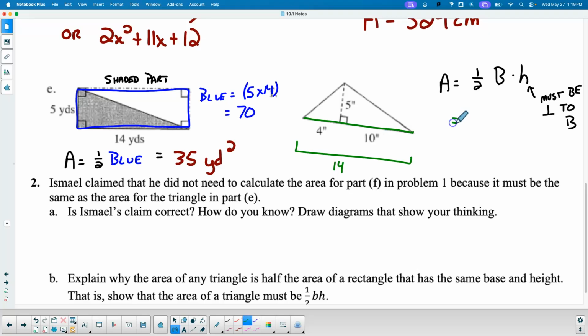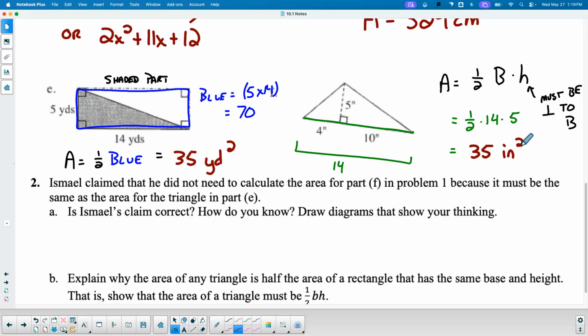So then this is going to be 1/2 times 14 times 5, which is going to be 7 times 5, which is going to be 35 square inches. 2 dashes like that in F is inches. 1 dash like that in A is feet.